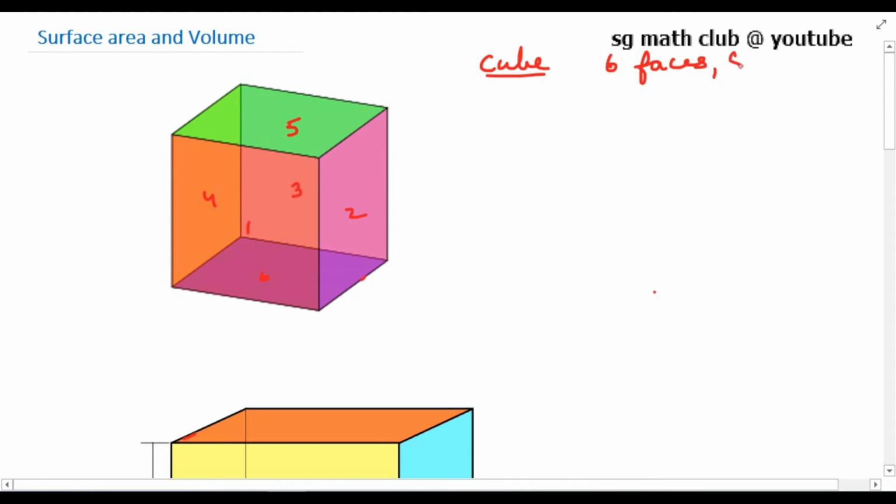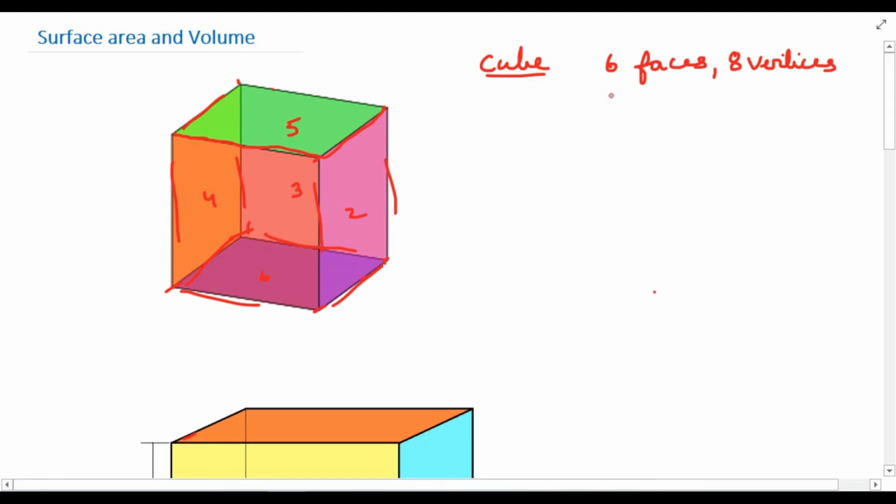It has 8 vertices: 1, 2, 3, 4, 5, 6, 7, 8, and 12 edges: 1, 2, 3, 4, then 5, 6, 7, 8, 9, 10, 11, 12. So it has 6 faces, 8 vertices and 12 edges.